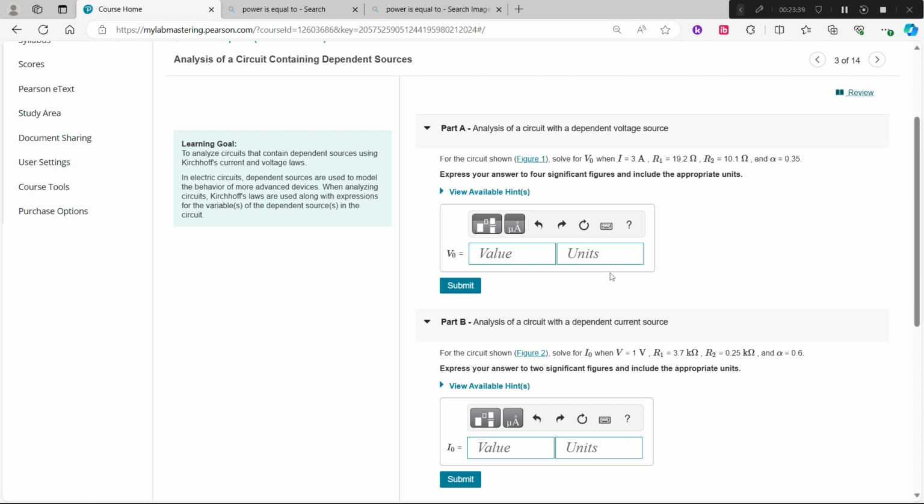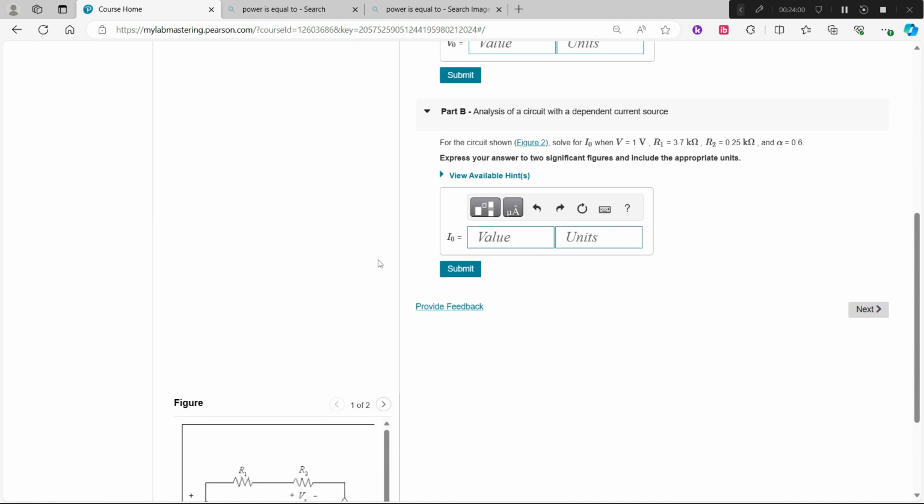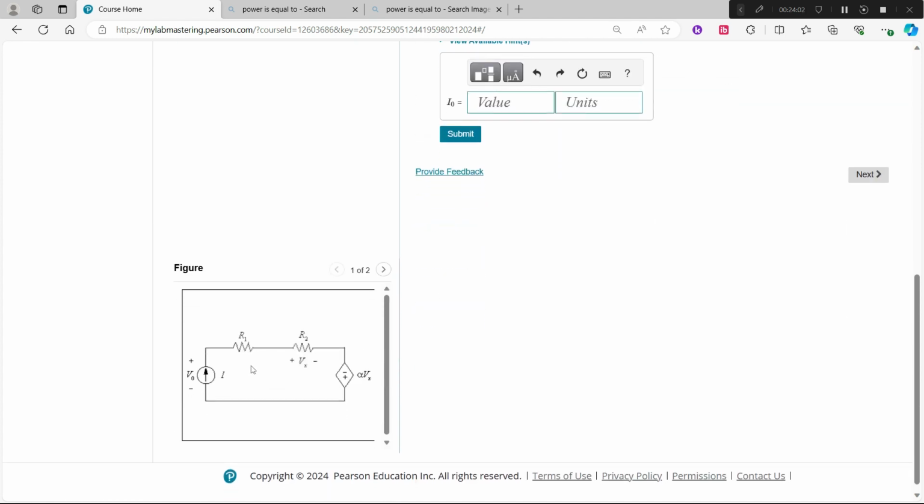And alpha is equal to 0.35. Okay, and we need to find V naught. We're using this circuit here. So I'm gonna draw it real quick.